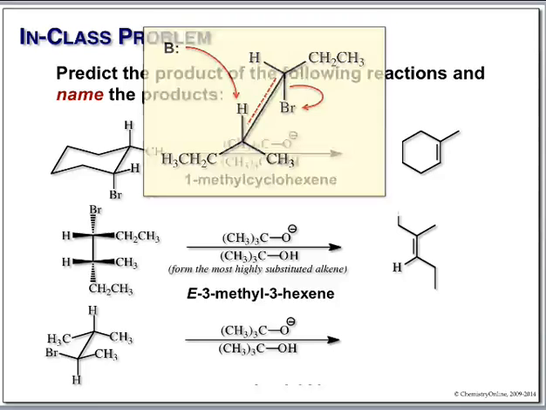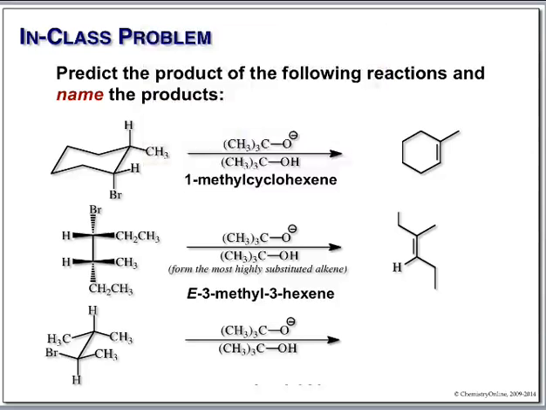And our last one here. Once again, we're going to be doing an elimination. We know that this is our leaving group, and this is the hydrogen that has to be pulled off. Now we could do the same thing we did in the previous one. We could rotate and whatever.